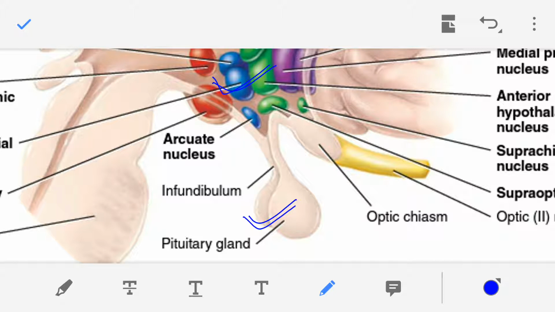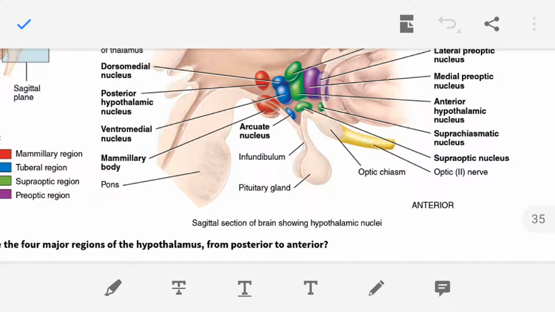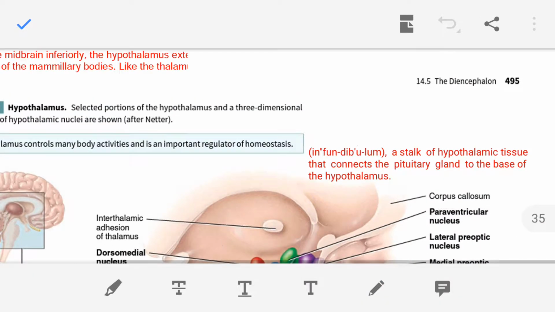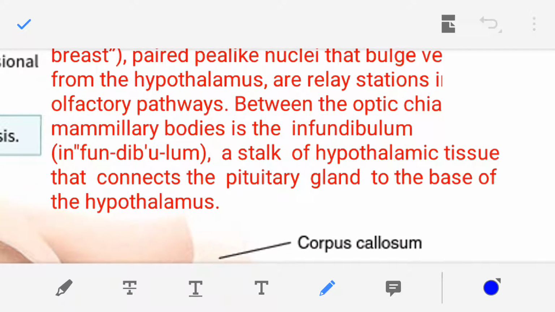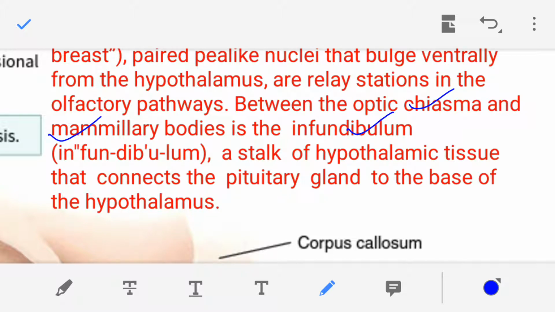So between the hypothalamus and pituitary gland, the infundibulum is present. So what is the infundibulum? Between the optic chiasm and mammillary body, the infundibulum, also known as the stalk, is present.